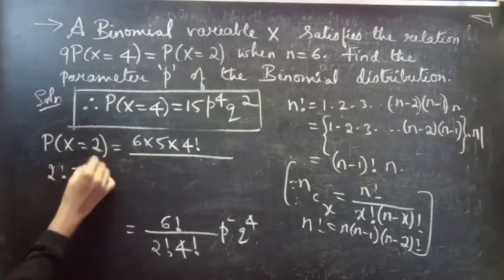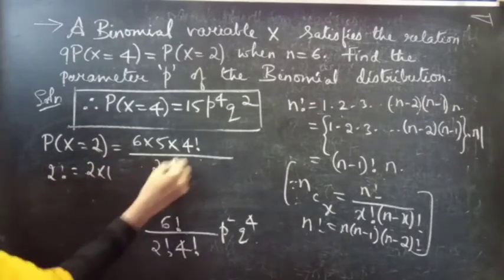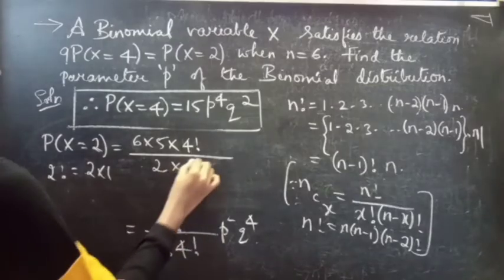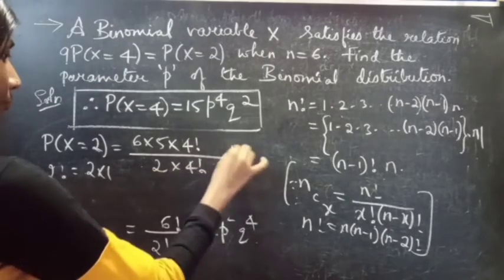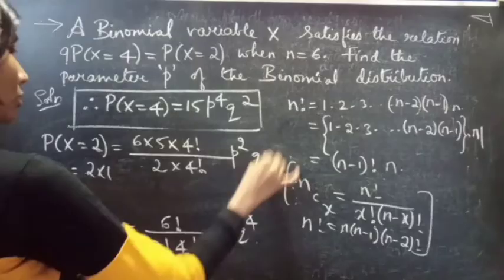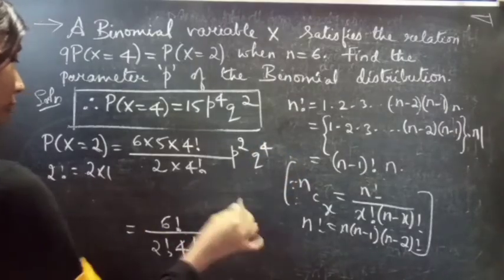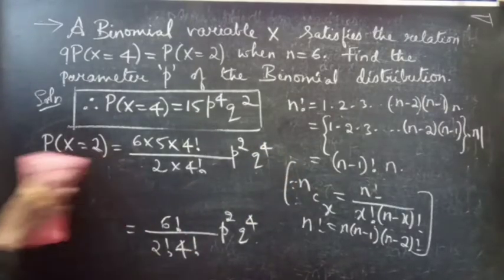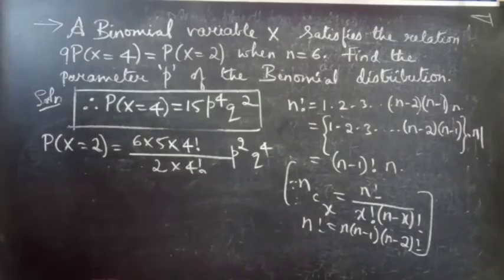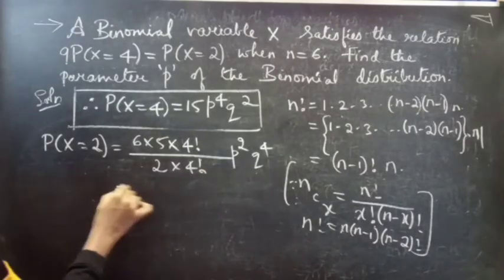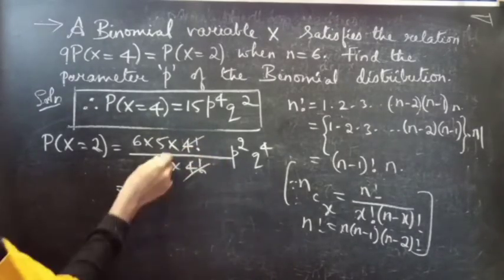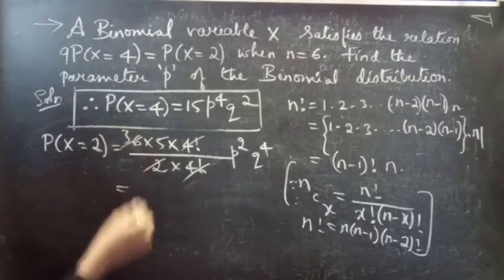So 2 factorial equals 2 into 1, which is 2, into 4 factorial, p square q power 4. Now you can cancel 4 factorial. 2 1s are 2, 3 2s are 6.